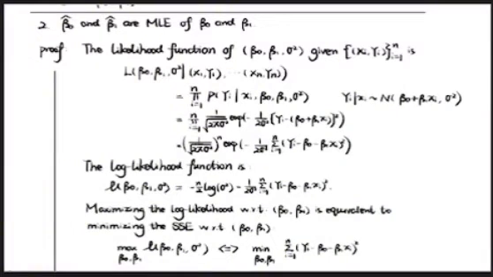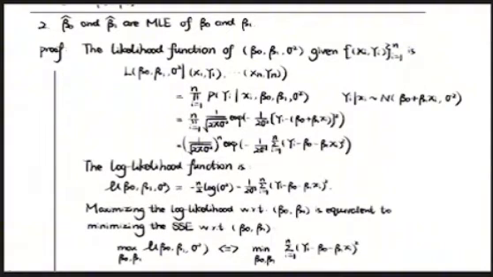What if I ask you to use the method of maximum likelihood to derive beta naught cap and beta 1 cap? The method we used the other time was called the method of least square. But right now, we don't want to use the method of least square. In the method of least square, we minimize the sum of square error. But in the method of maximum likelihood, we are seeking the optimal values of beta naught and beta 1 that will maximize the likelihood.